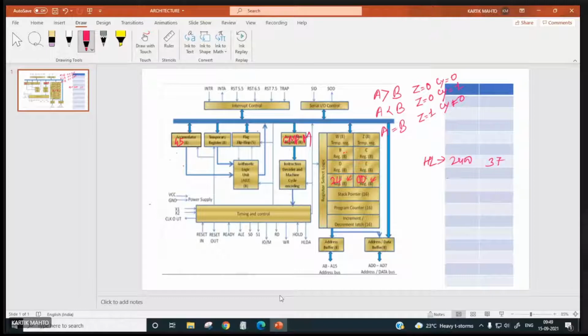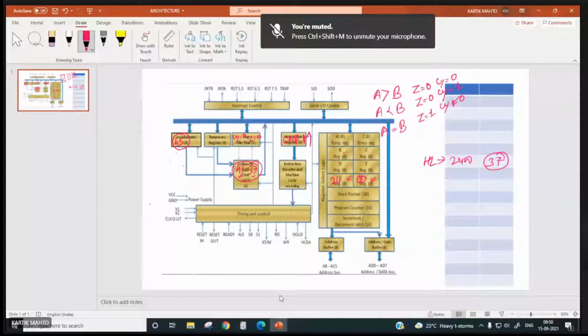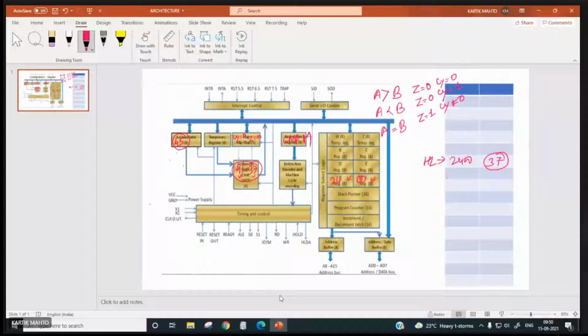So now this 37 and the accumulator content 45 will be compared. So 45 minus 37 will be performed. The result is going to be non-zero. The carry flag is not going to be set because 45 is more than 37, and the zero flag is not going to be set. So from this we can conclude that if the carry flag is 0, it means the accumulator content is more than this content.